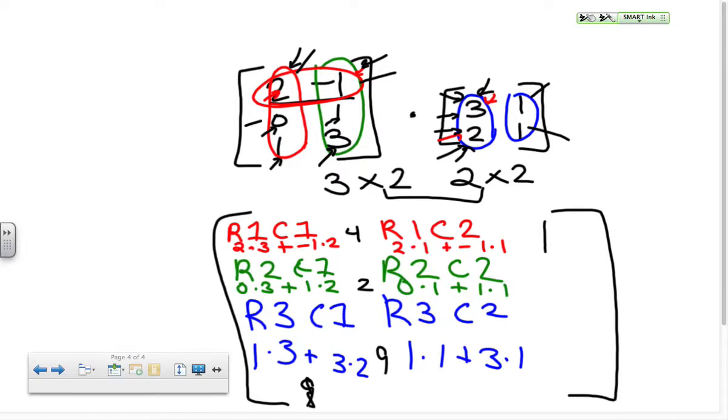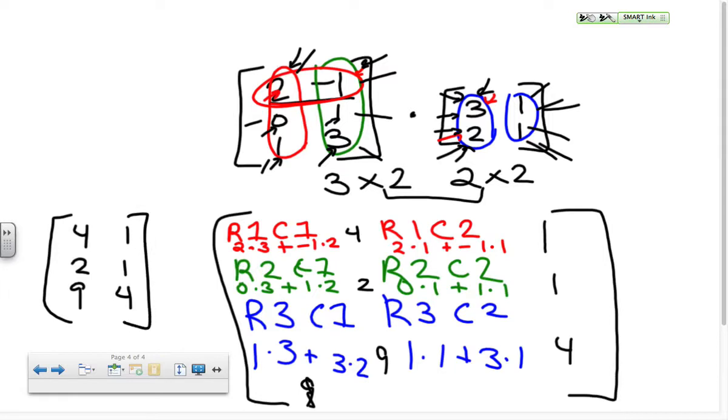Then 0 times 1 plus 1 times 1. That is going to give me also 1. Then we're going to go 1 times 1 plus 3 times 1. Again, I'm just repeating what's down here. And that's going to give us 4. So my answer to this matrix is 4, 2, 9, 1, 1, 4. Notice it is a 3 by 2.